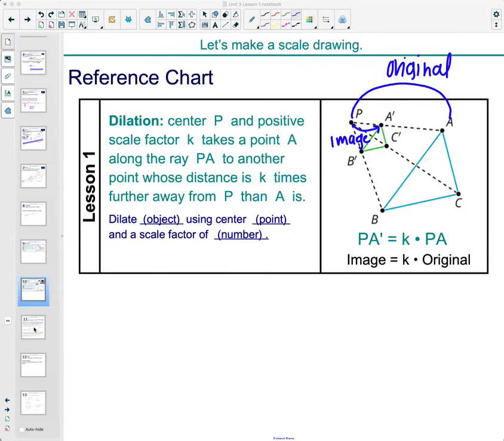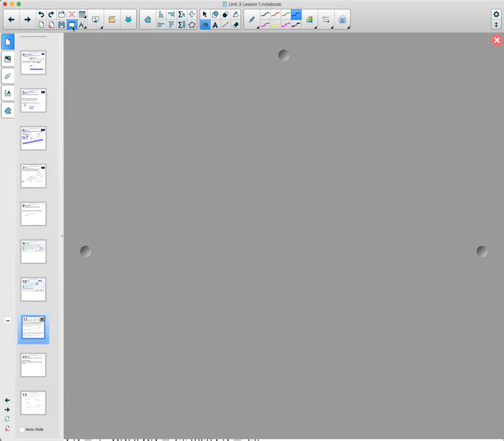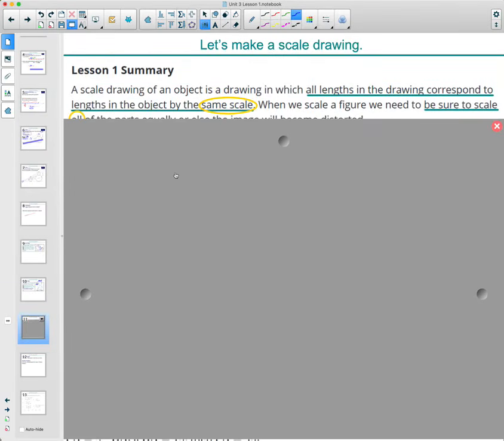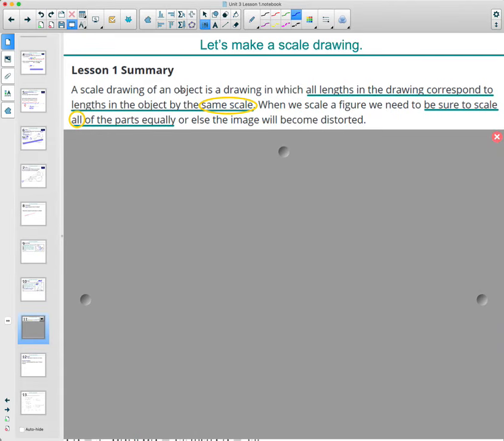All right, then we've got the lesson summary, and I would encourage you to underline and highlight some things in here as we're reading through it. So in this summary, we said a scale drawing of an object is a drawing in which all of the lengths in the drawing correspond to lengths in the object by the same scale.